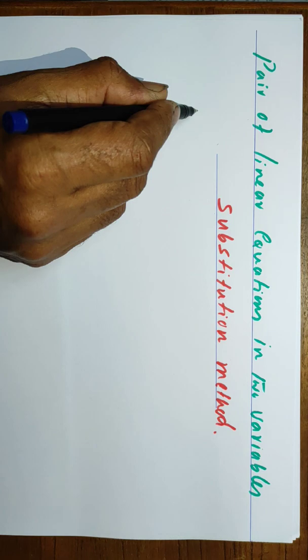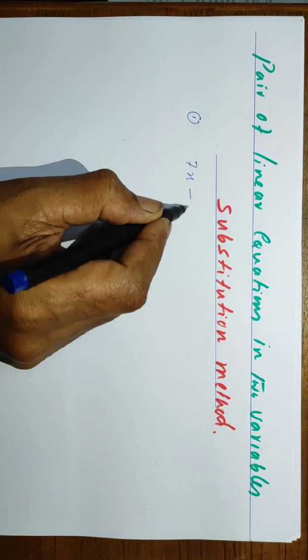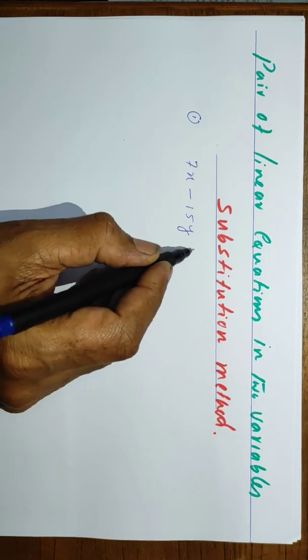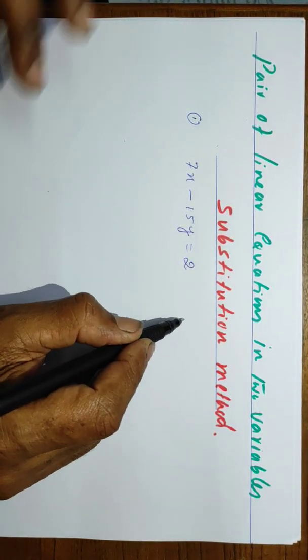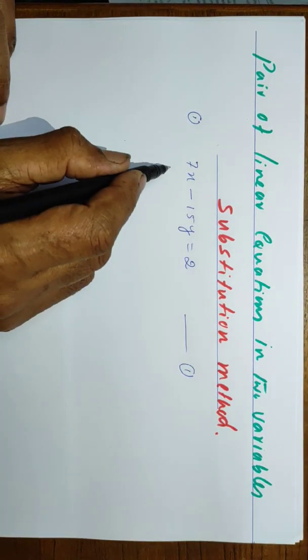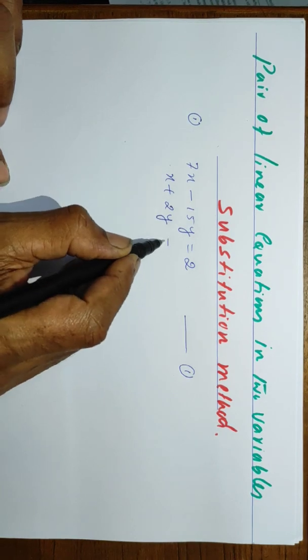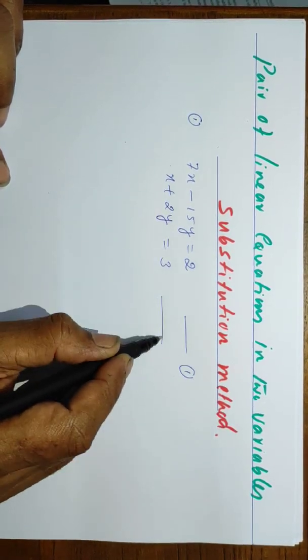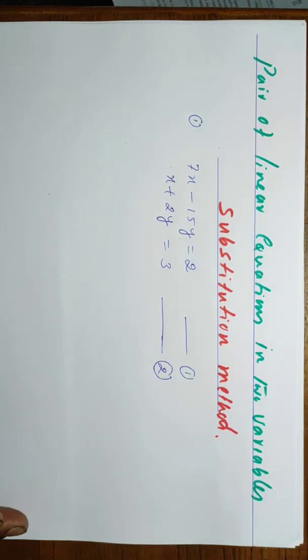Example 1: 7x minus 15y is equal to 2. I call this equation 1. Another one is x plus 2y is equal to 3. Call this equation 2.